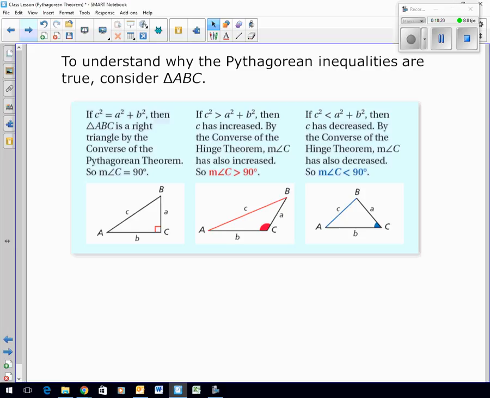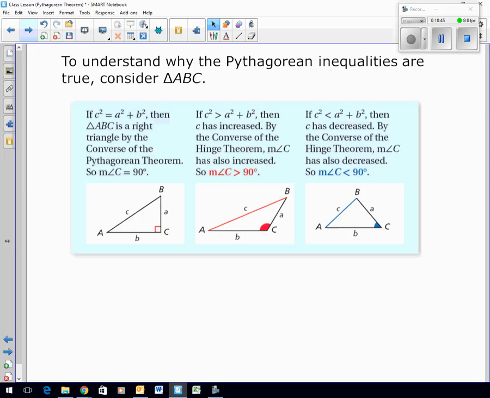If it's off by 1 eensy beensy bit, like 0.00001, got me? If it's off at all, that means I've got an acute or an obtuse triangle. Simple enough, right? Could have equilateral, but those are going to be easier to recognize because they have equal sides.